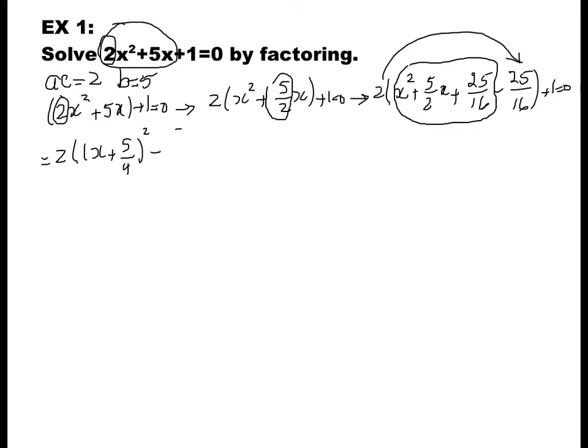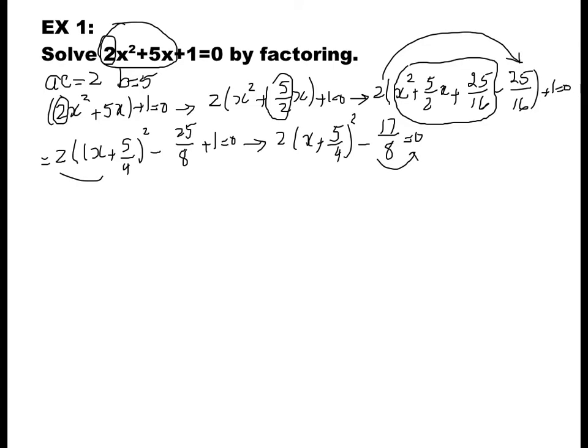It's going to give me negative 25 over 8 plus 1 is equal to 0. If I multiply 2 inside the bracket, I'm going to get 2 times x plus 5 over 4 squared minus, now if I add minus 25 over 8 plus 1 it's going to give me minus 17 over 8 is equal to 0.